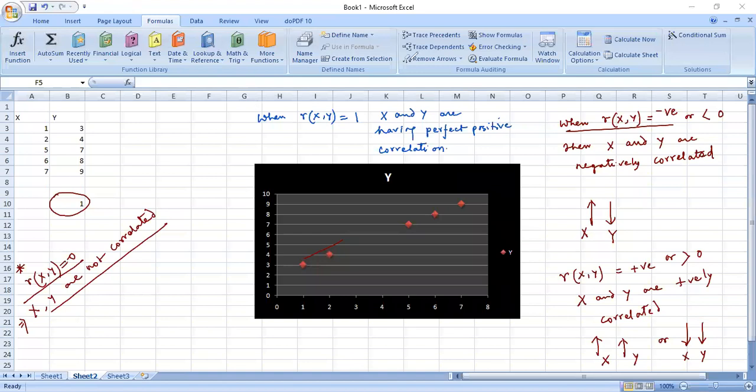And let's see what is happening over here. Just note down these values which I've taken into consideration. This is another example where I have considered 1 and 3, 2 and 4, 5 and 7, 6 and 8, 7 and 9. What I have done over here is add 2 to the value of X. So 1 plus 2 is 3, 2 plus 2 is 4, 5 plus 2 is 7, 6 plus 2 is 8, and 7 plus 2 is 9.